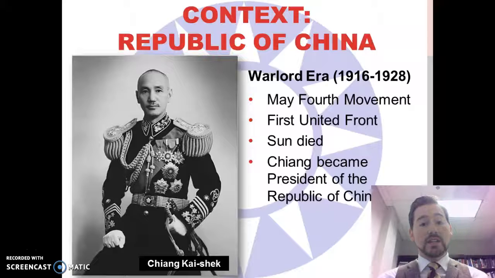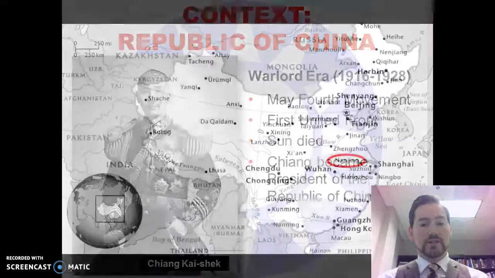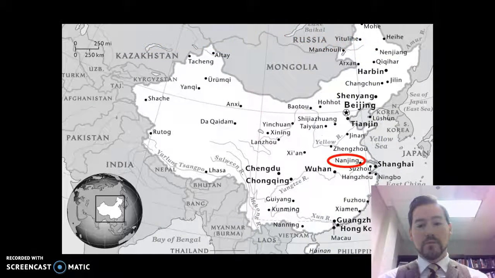He then, in 1927, slaughters huge numbers of communists and declares control. The Nationalists have moved their base of operations to Nanjing, and that actually becomes the capital of China during the Republic of China. It's no longer Beijing, it's Nanjing.